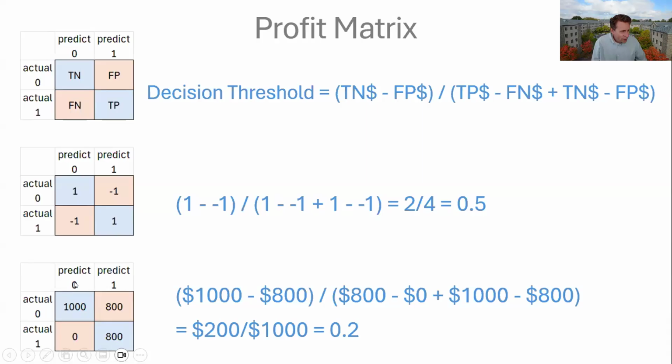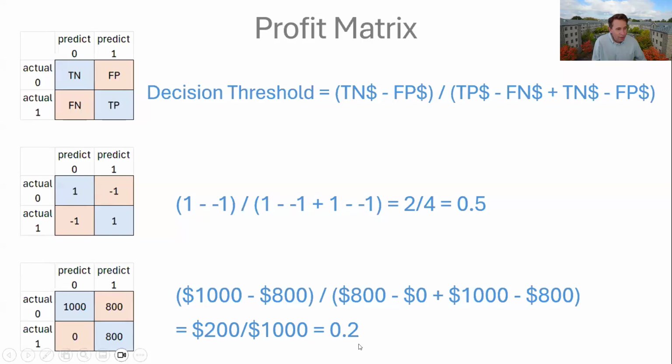If I predict that they are going to stay, to not churn, but they actually were going to churn, my prediction was wrong, then I get $0. They've left. Here's the other downside. If I have a false positive, if I predict someone is going to churn but they actually weren't going to churn, I only make $800 on this person instead of the $1,000 I could have if I'd predicted them correctly. So that's the logic behind how these profit matrices work.